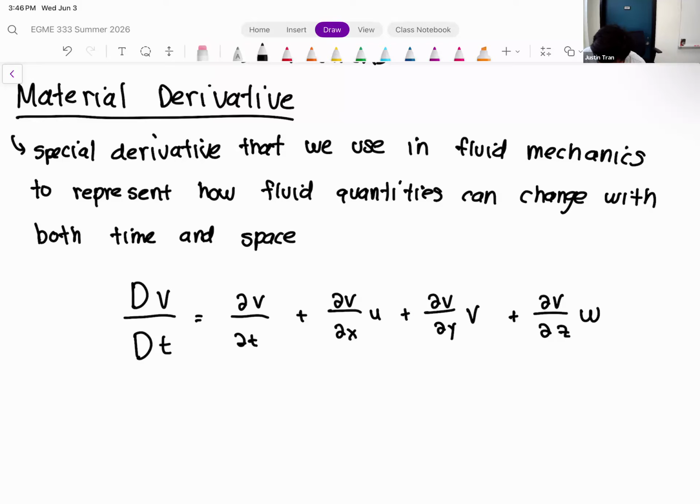Actually, just so it's not confusing, I apologize. Let me use a different symbol than V because we need V to symbolize the y velocity. So instead of V, let's use P. If you've already written it, this is the change that I made.